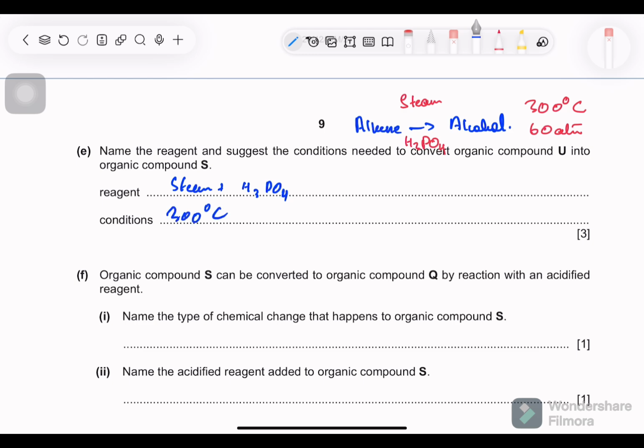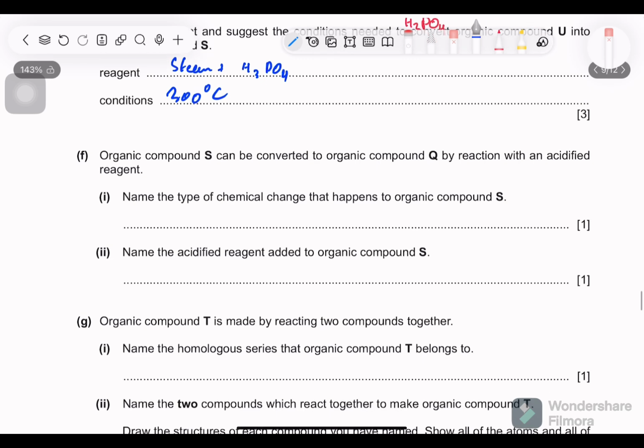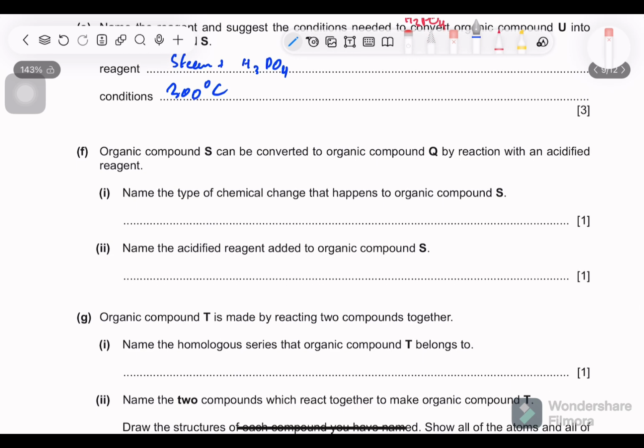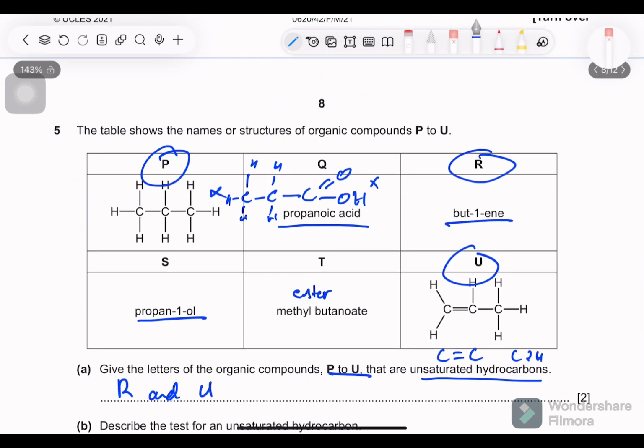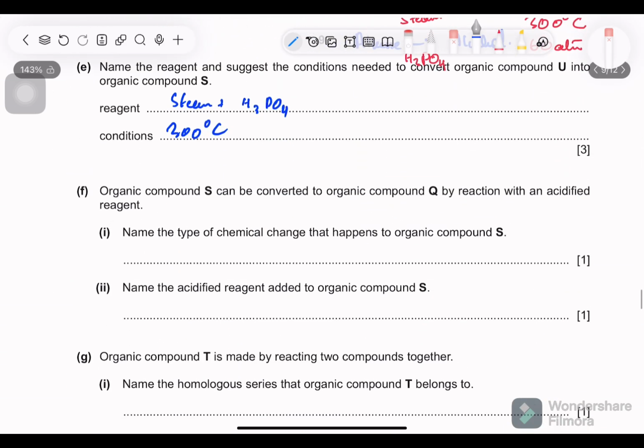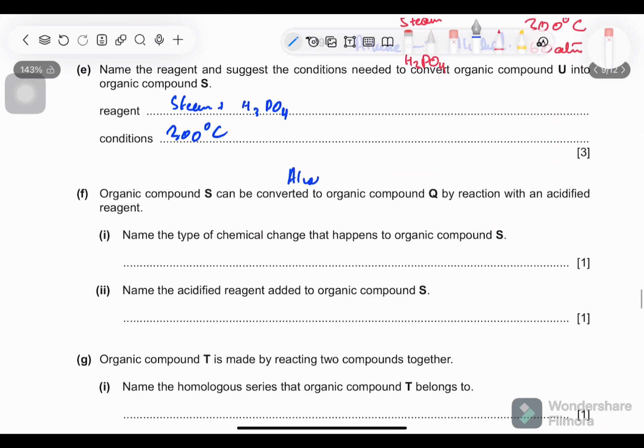Organic compound S can be converted to organic compound Q by reaction with an acidified reagent. Name the reagent, and name the type of chemical change that happens to organic compound S. So S to Q. S is an alcohol, Q is an acid. So alcohol to acid.